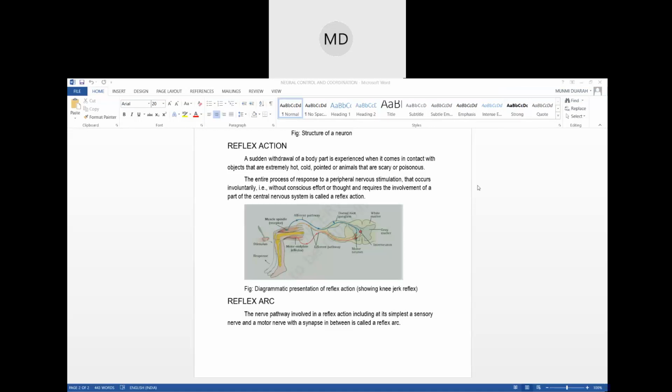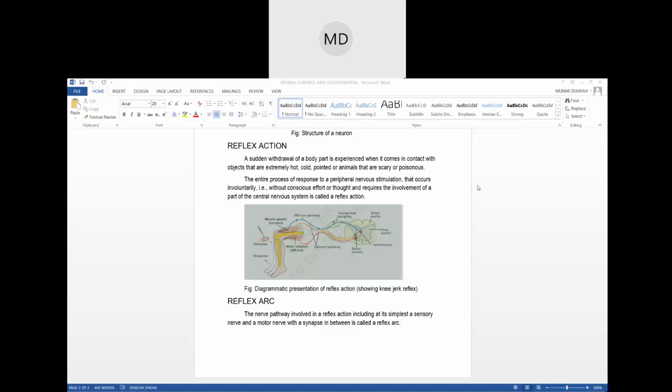And then the brain will signal your hand to remove your finger from that hot object, right? So that nerve signal coming to your brain, and then again the signals to your hand to remove it, that is the nerve pathway. That is known as the reflex arc.